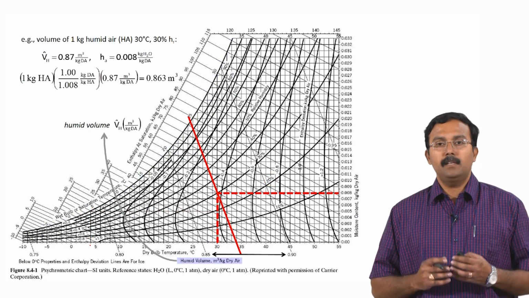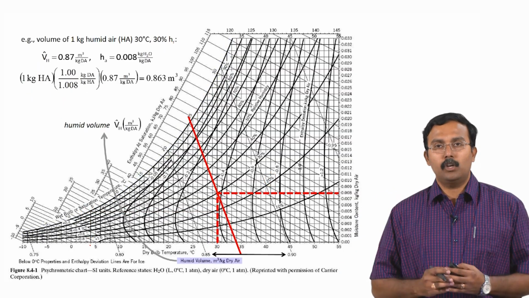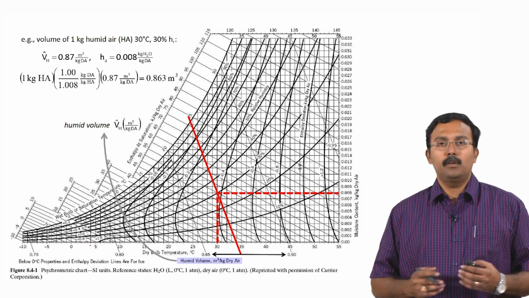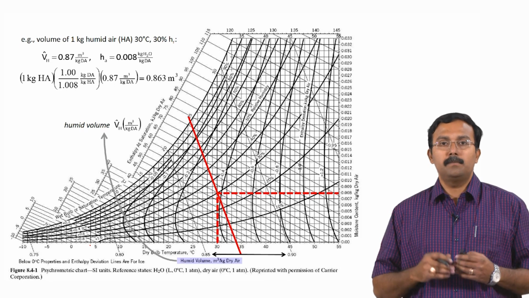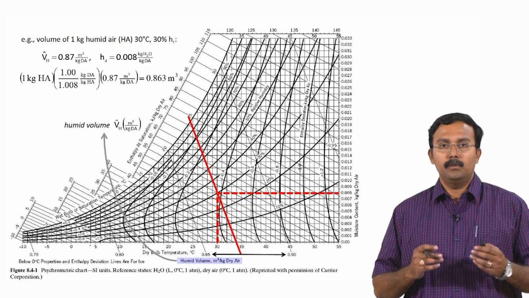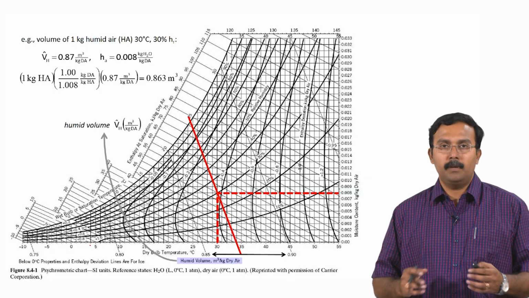The next information which you have from this cross plotted chart is the humid volume. What is a humid volume? Humid volume is basically the volume occupied by humid air. So, how do we find humid volume from this curve?